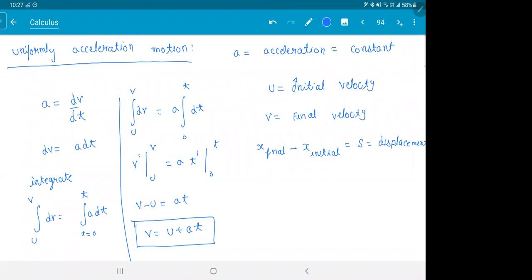Acceleration is the rate of change of velocity. Send dt to the other side and integrate from 0 to t and u to v. Check it out. This is how you derived the first equation, V is equal to u plus at. Check out the steps.